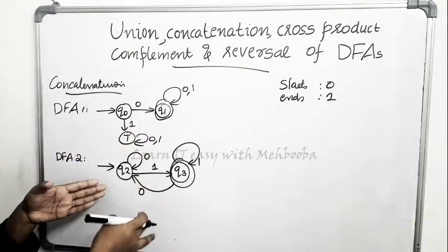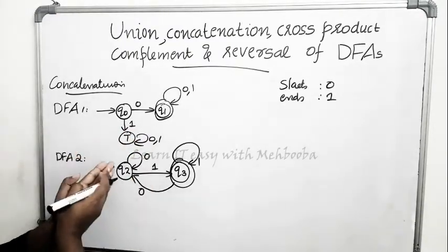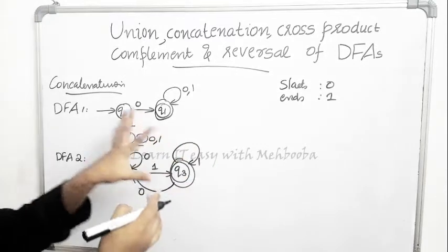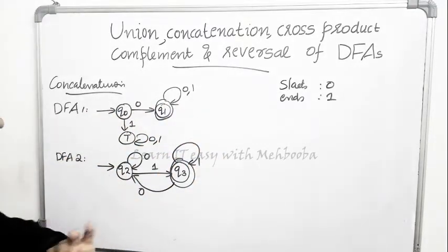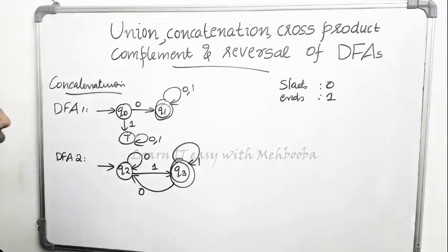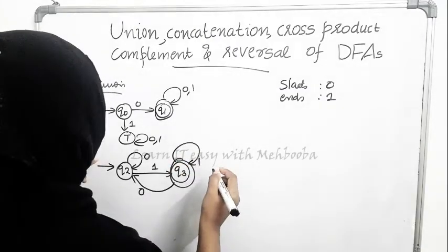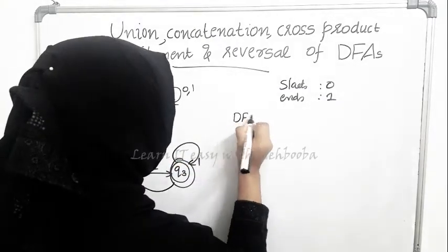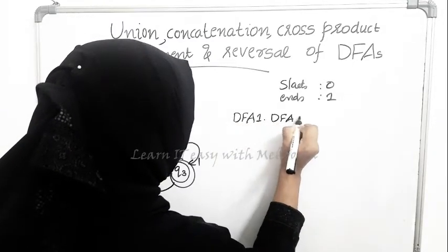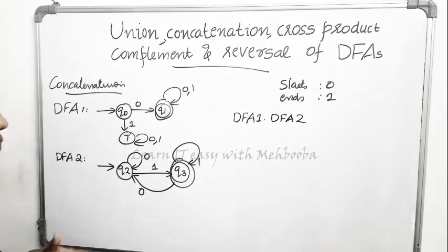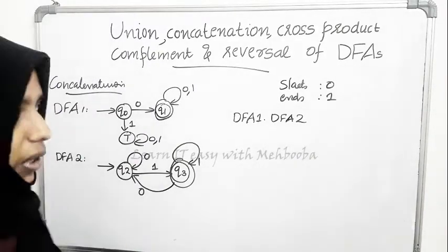Now these are the two different DFAs. This DFA accepts all the strings that are starting with a 0. This DFA accepts all the strings that are ending with a 1. Now we will do the combined DFA, that is DFA1 concatenated with DFA2, or in other words, DFA2 will be appended to the end of DFA1.